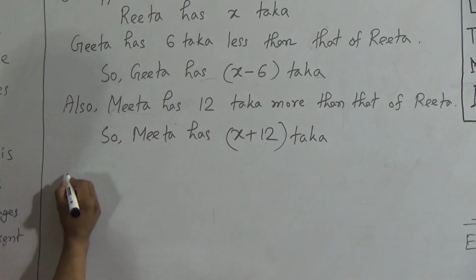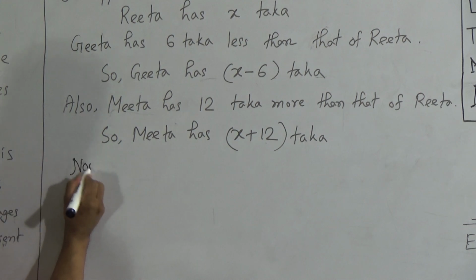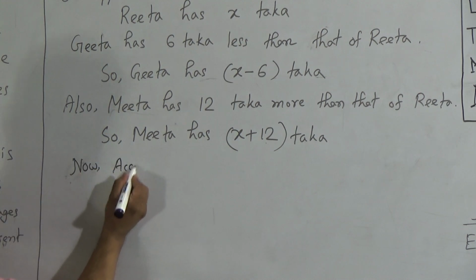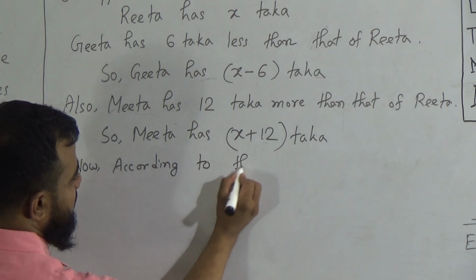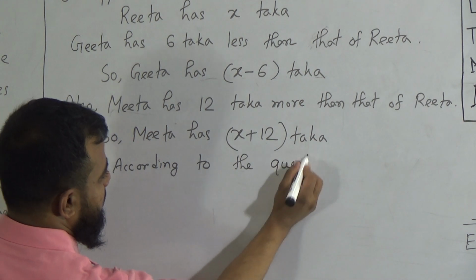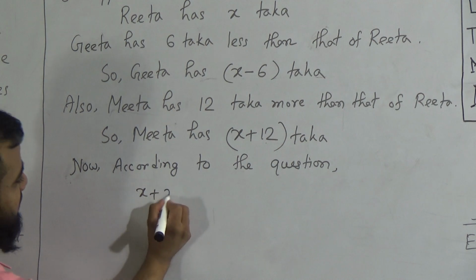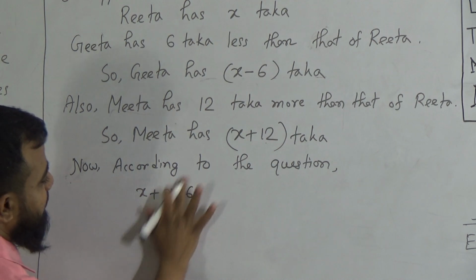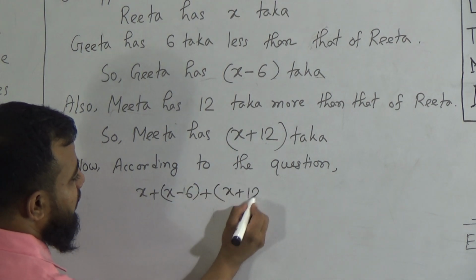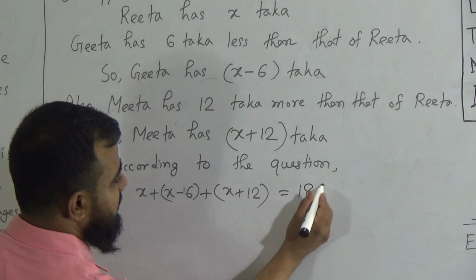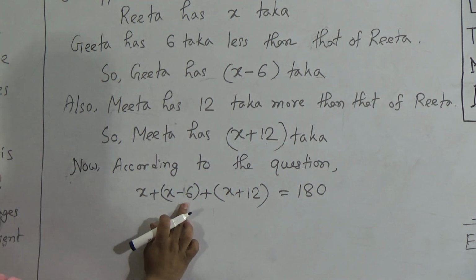Okay, so you can write down according to the question: x minus 6 plus x plus 12, that's equal to 180, because this taka has Rita, this taka has Geeta and this taka has Mita.